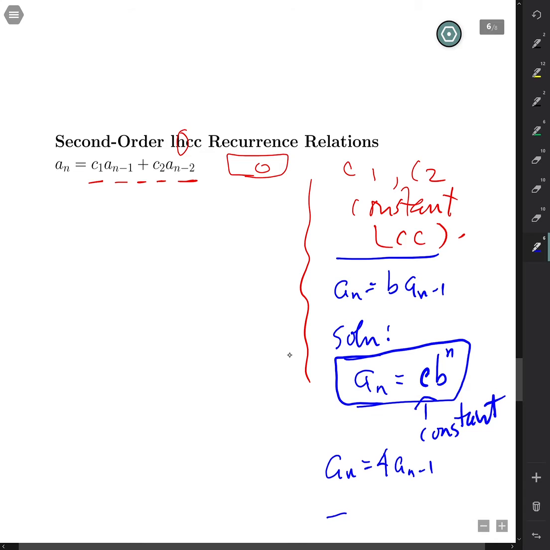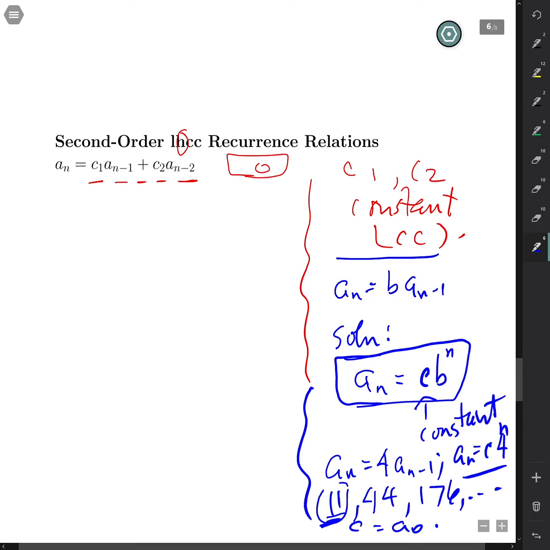Let's take 11. We can start it with 11, and the next one is 44, right? And the next one is 4 times that, which is what? 176. 4 times 44 is 176, and on and on. But this could have been anything. So this is going to be an is equal to c times 4 to the n, where the c is equal to a0.